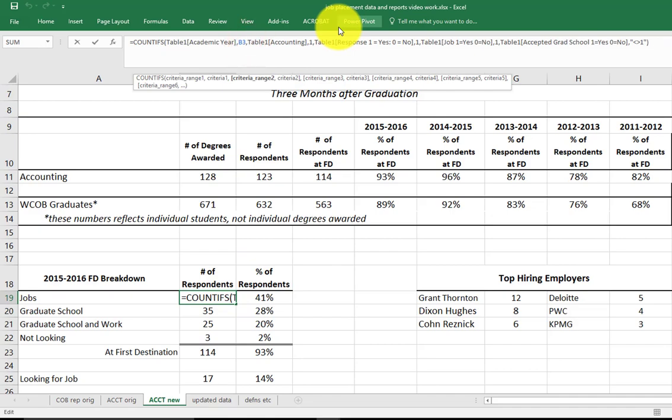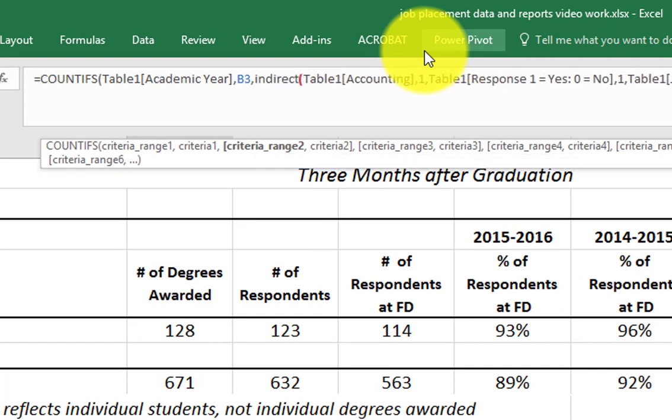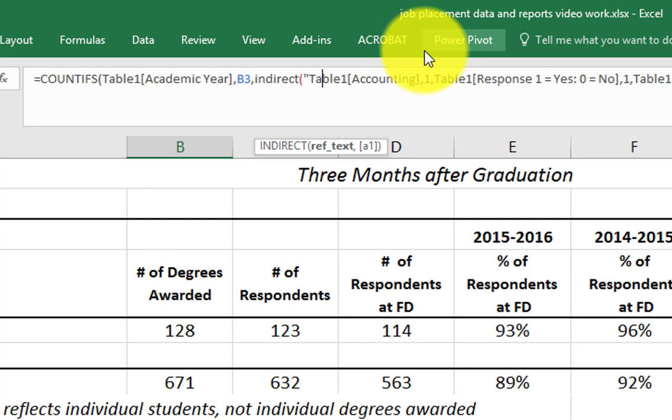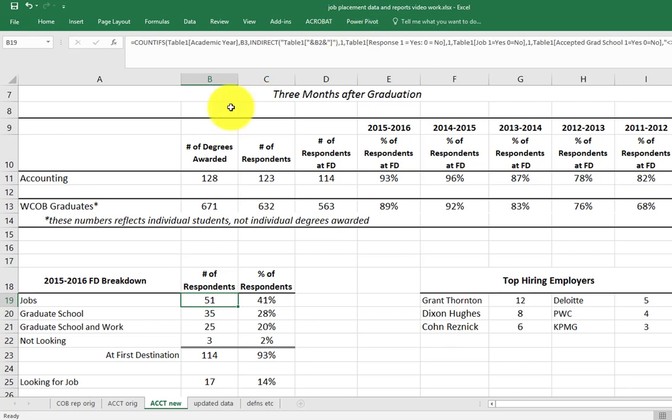So that's for the major, so INDIRECT, double quote, and that's B2 is where that's located. Get rid of the accounting.